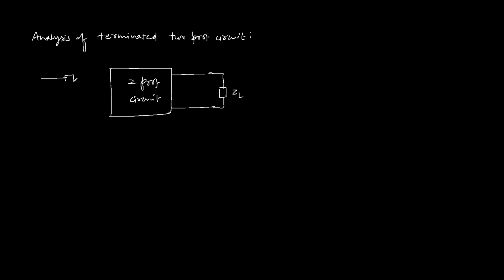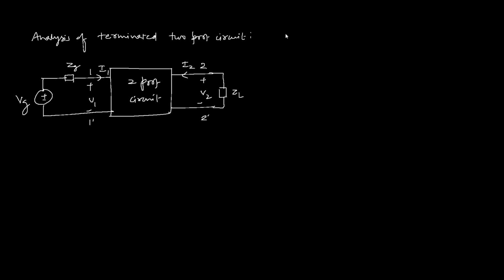And at the input port we have an external source VG with series impedance ZG. This is 1, 1 dash, 2, 2 dash. Voltage at port 1 is V1, current is I1. Voltage at port 2 is V2, current is I2.